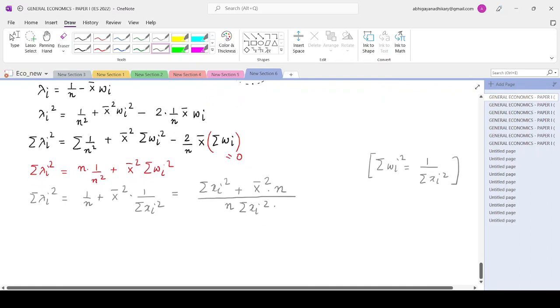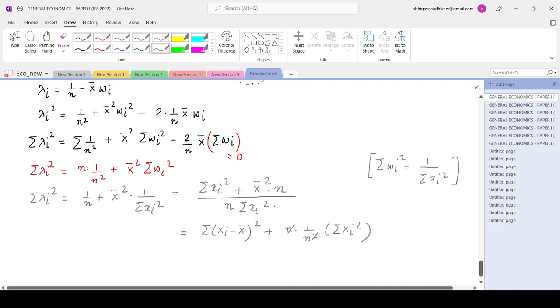This is what it is. So summation small x_i square, I can just replace it in capitals to check if we can get a further simplified situation. x bar square will be what? 1 by n square summation X_i whole square.